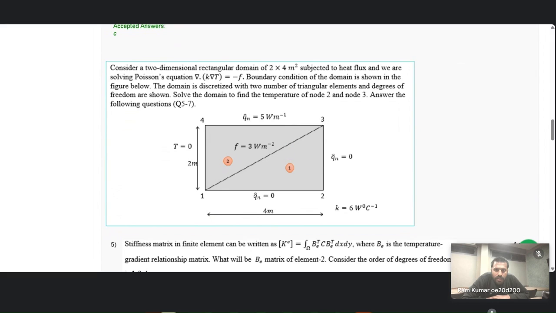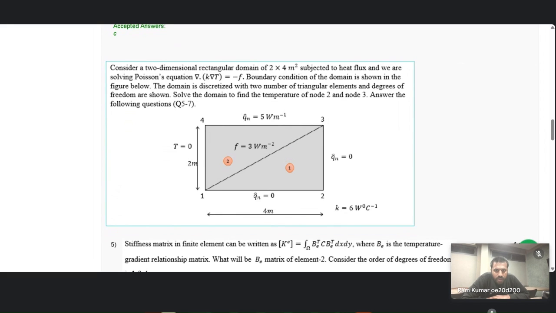This is a linked question. Consider two-dimensional elements subject to the boundary condition of the domain shown in the figure. The domain satisfies a single element and degrees of freedom as shown. Solve for the domain, finding node 2. Note the answer given.